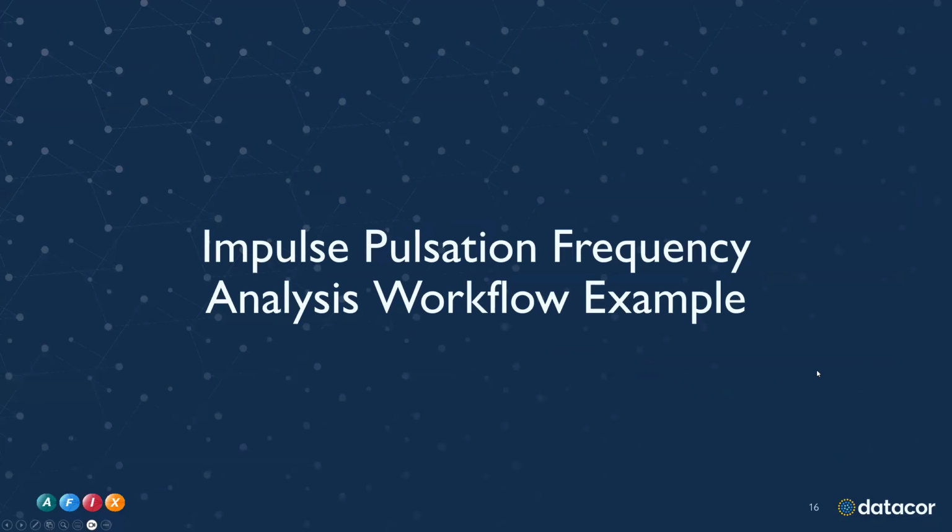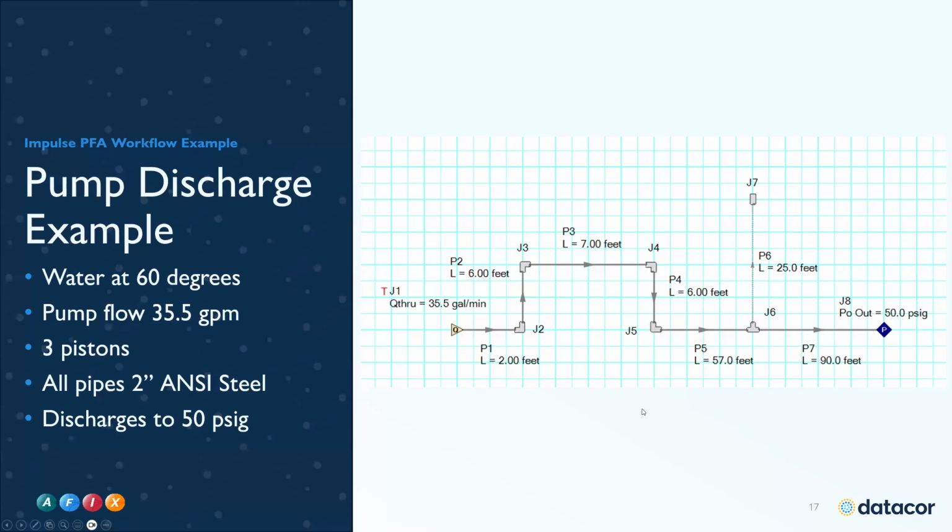But here we're just going to go through an example using Impulse for pulsation frequency analysis. We'll be modeling the discharge side of a reciprocating positive displacement pump step by step. There's going to be flow to two systems over at the right here, which are sensitive to vibration, and one of which will be turned off, which we'll be modeling as this dead end.